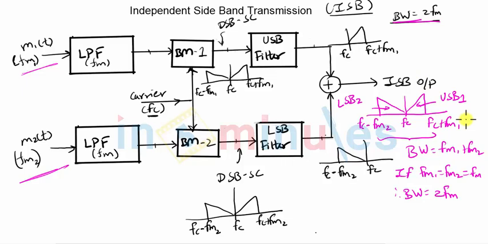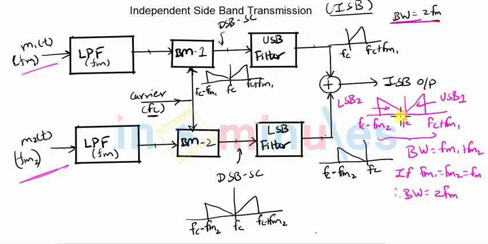On the other hand, if the receiver wants to demodulate M2(t), then it can use an LSB filter, first extract the lower sideband and use any SSB demodulation system to demodulate M2(t). It can do this simultaneously in two different branches and demodulate both M1(t) and M2(t) at the same time.